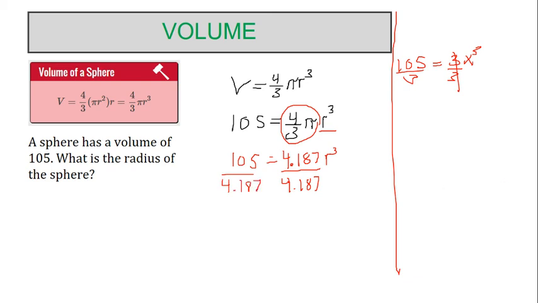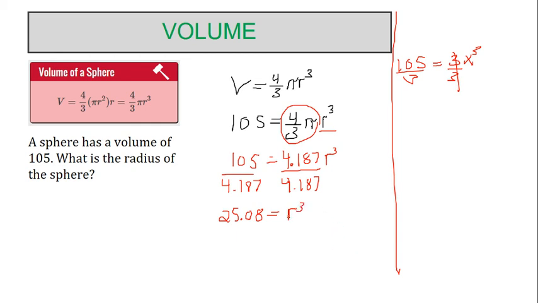All right, so 105 divided by 4.187 is about equal to 25.08, which is equal to the radius cubed.